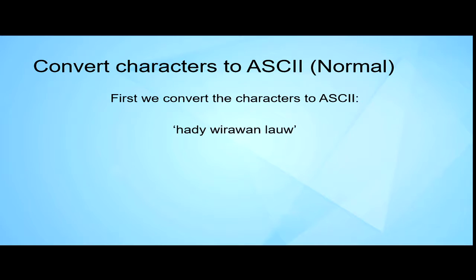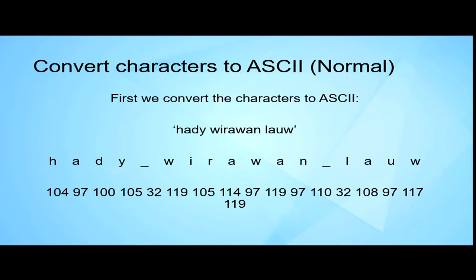Let's take a string, for example. First we separate the string into its separate characters, and then we change it further into the ASCII code, which is 104, 97, 100, and so on and so forth.